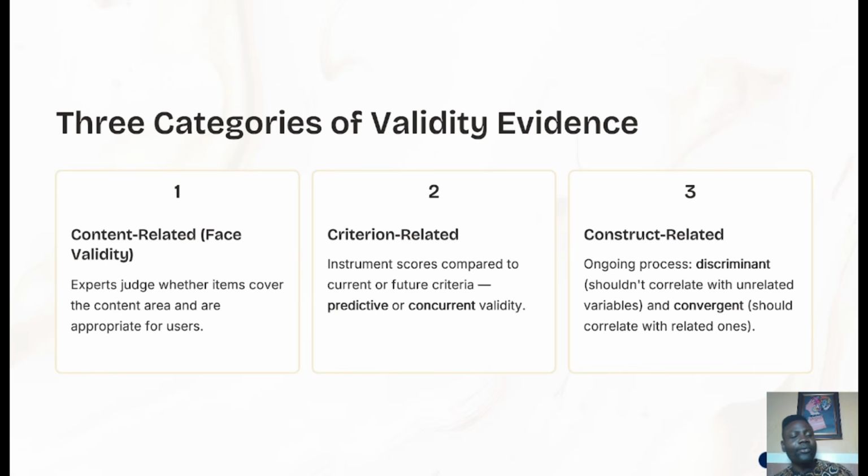In this type of validity, you design the instrument. It might be a questionnaire, it might be an achievement test. You give it to an expert judge. It's a human-based validation, whether the items cover the content area and are appropriate for the user.